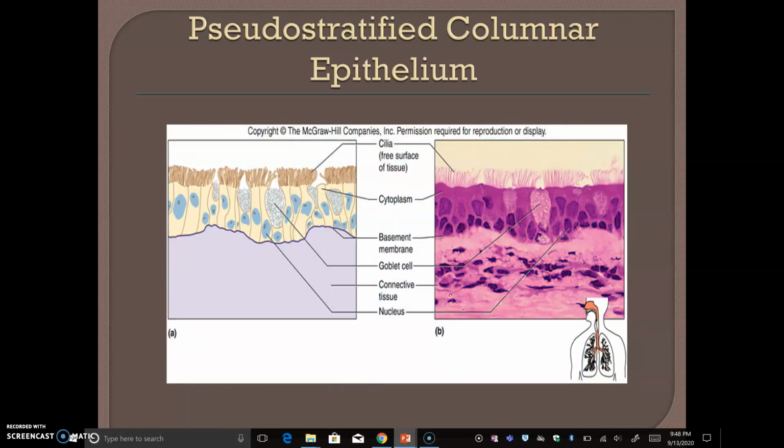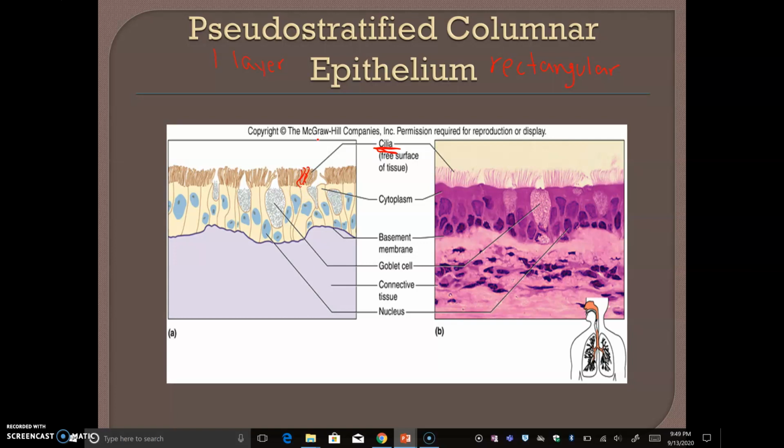So our pseudo-stratified columnar cells here. This is another one layer, rectangular shape here. And the difference here is one thing you're going to see extra: we have cilia, which is kind of like hair-like structures that are going to come up off the end here.